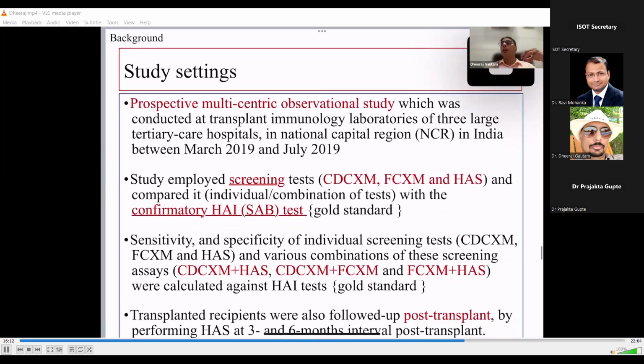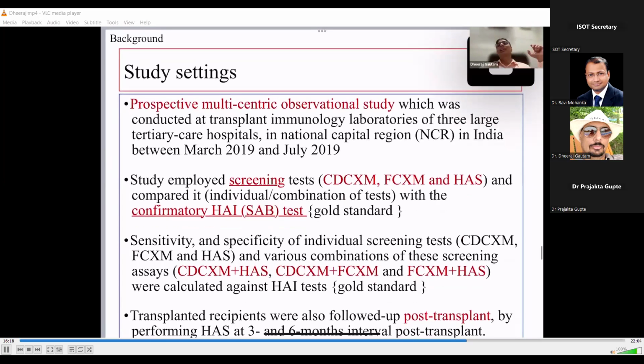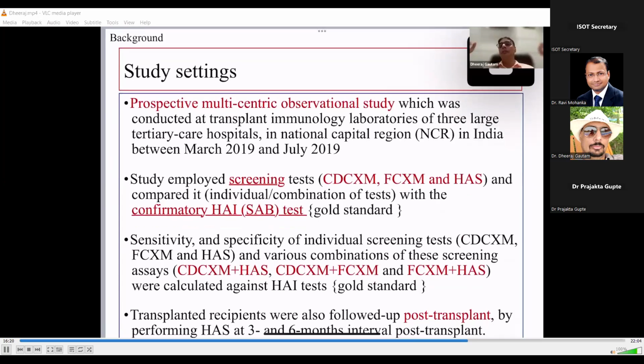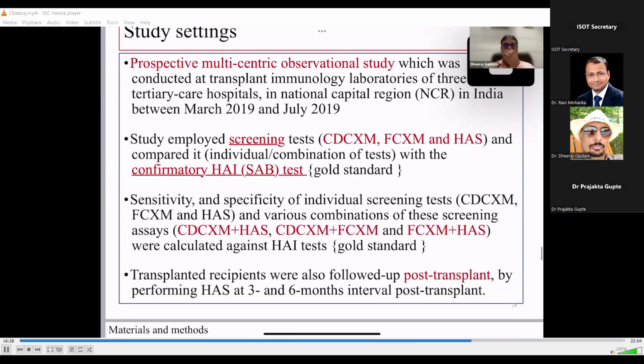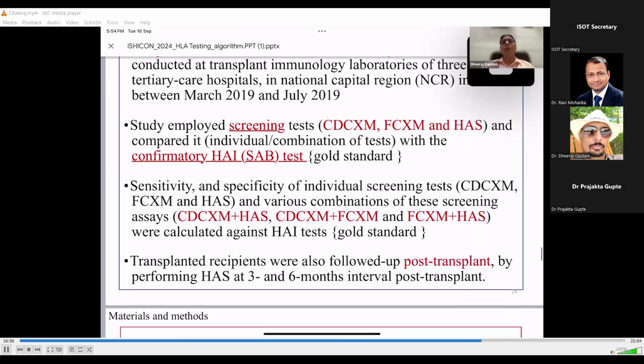to proceed for our approach. It is a prospective multicentric observational study, which was conducted at the Transplant Immunology Laboratory of three large tertiary care hospitals in NCR, India, between March 2019 and July 2019. The study employed screening tests, that is CDC cross-match, flow cytometric cross-match, and HLA cross-match, and compared them, individually or in combination, with the confirmatory HLA test, that is solid phase test, which is the gold standard.